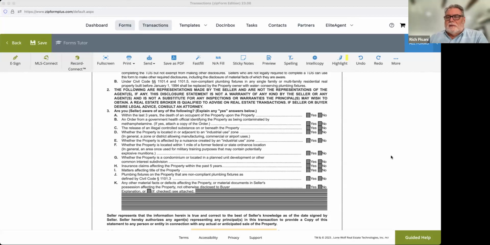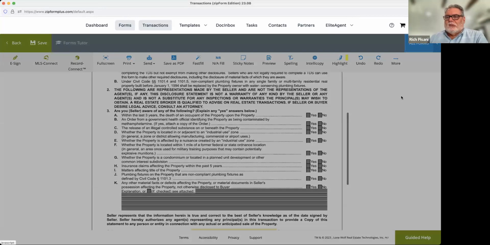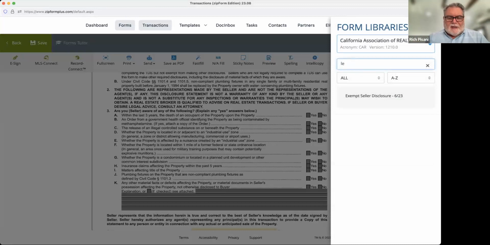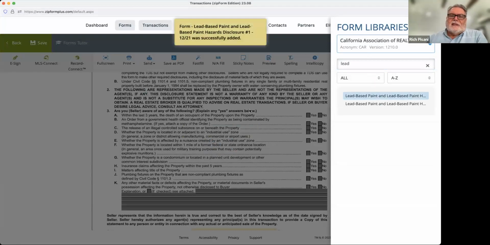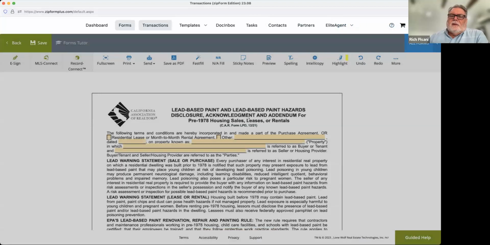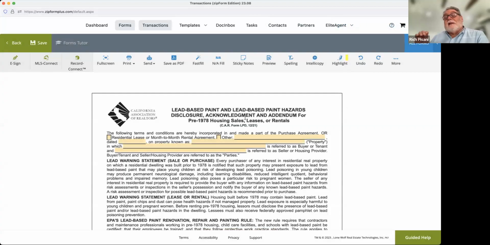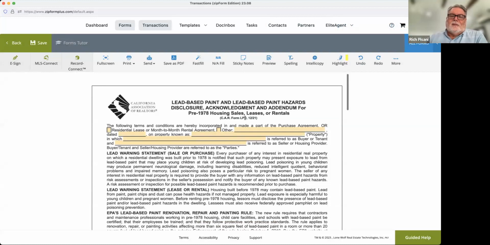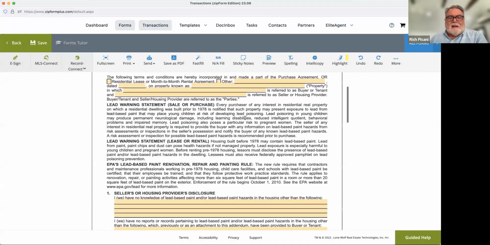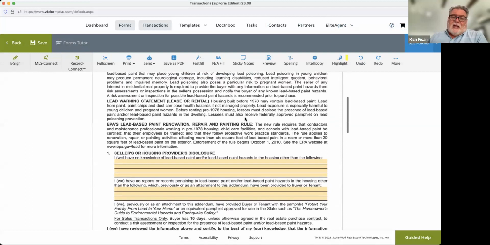All right, we will go next. If the property was built before 1978, once again, 1978, you need to do a lead-based paint disclosure.